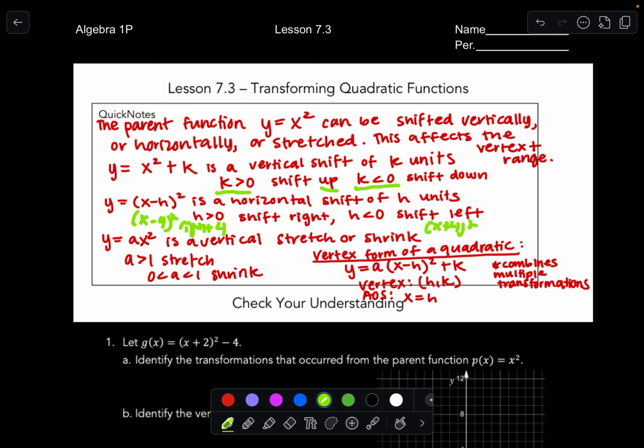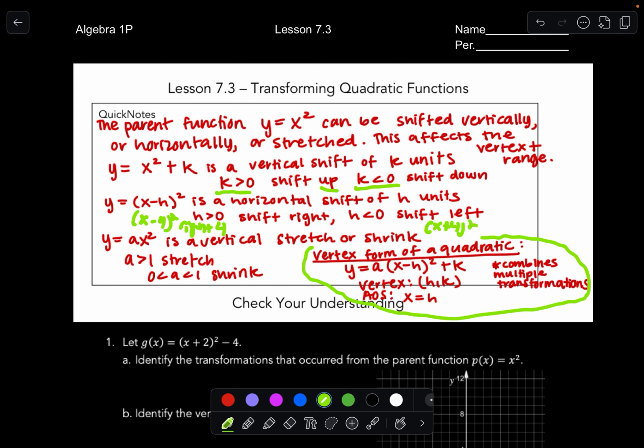And then y equals ax squared is a vertical stretch or shrink. If a is greater than 1, it's a stretch. And if the size of a is smaller than 1, it shrinks it. Okay? And there you go. This combines multiple transformations. So here's the vertex form that you should just get used to.